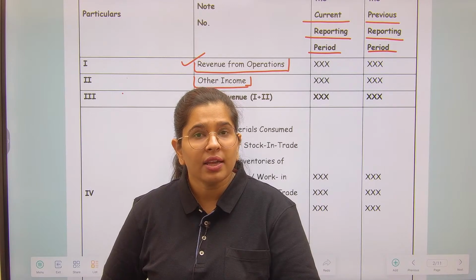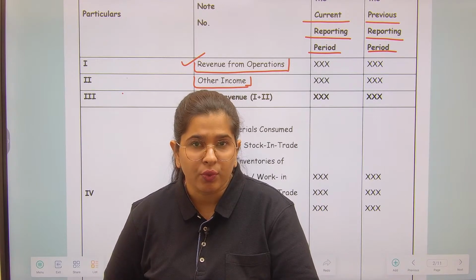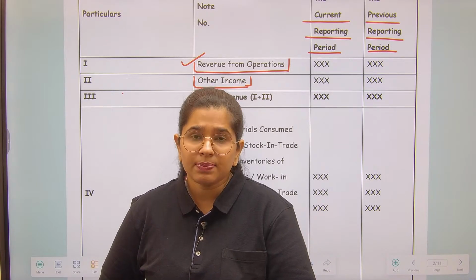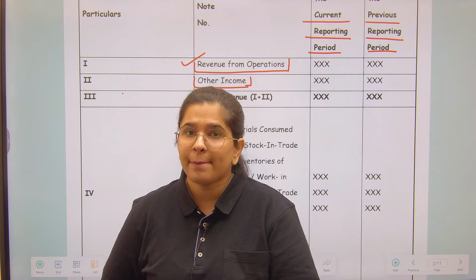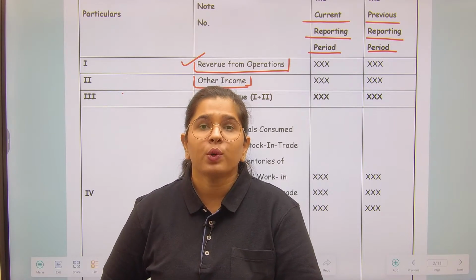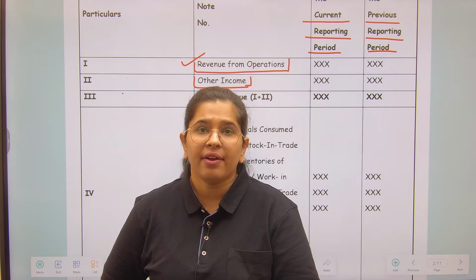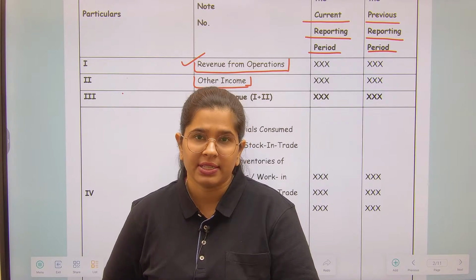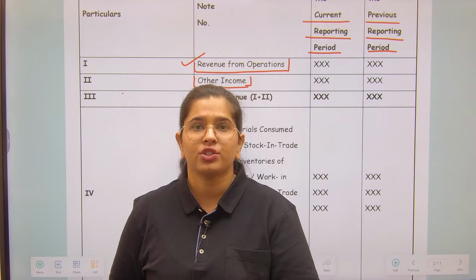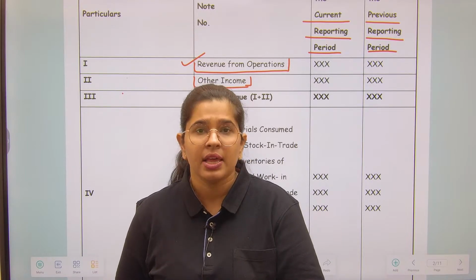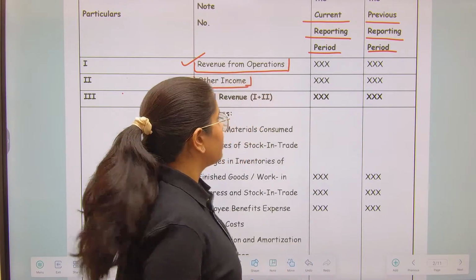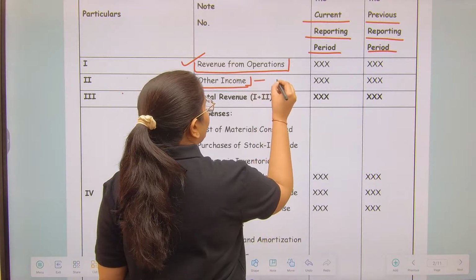Shares of Tata are an investment for you. I am going to show this investment in my balance sheet, but I am going to receive dividend every year from it. Whatever I have invested in the shares of Tata, I am going to receive dividend. So the dividend which I am going to receive is my other income.